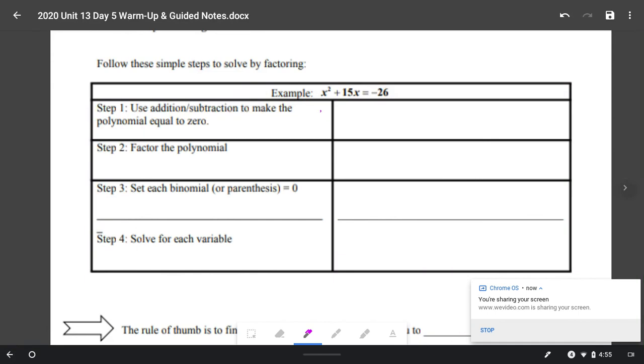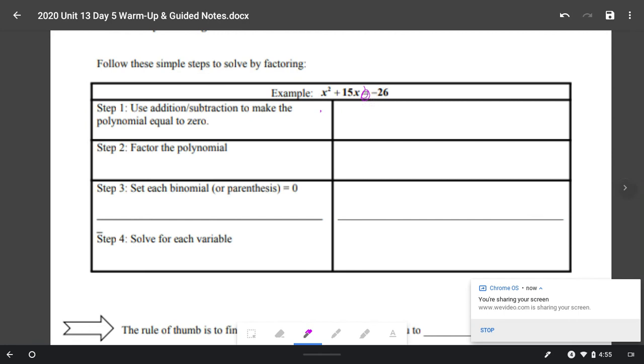All right, so the first thing that we're going to talk about when we solve by factoring is we need to make sure that the equation is in standard form, or that it's equal to 0. If we take a look at this first equation, we have an equal sign, but then we have a negative 26 to the right.